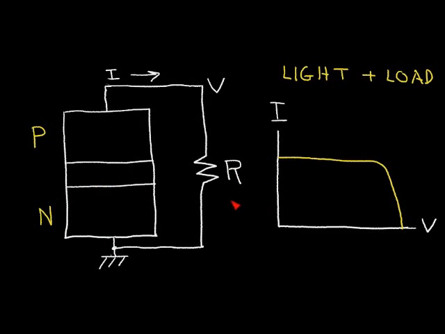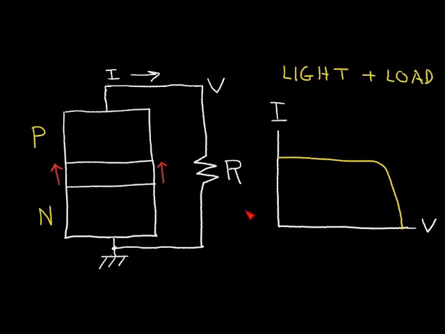Now let's consider what happens when we have this PN junction diode and we put a load resistor across it and we shine light on it. Now recall that we have an electric field in this depletion region that points in this direction.